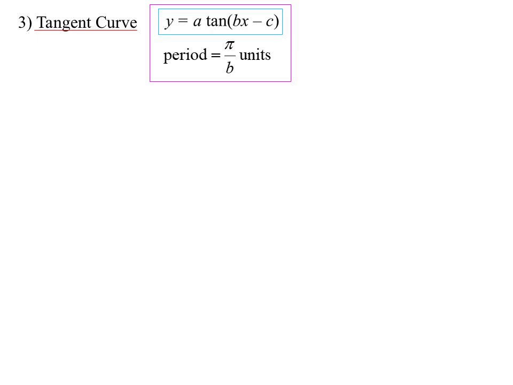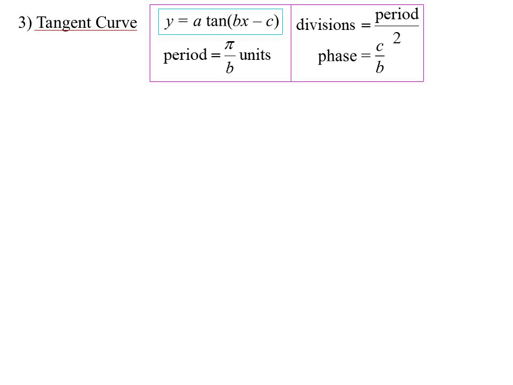It doesn't really have an amplitude. The divisions, this time I'm only going to mark off period divided by 2, because there's really only 2 key spots that we're going to plot. So I'll mark off the period divided by 2 for a tan curve. The phase is still the same. Okay. Oh, it's an odd function. So tan of -x is equal to the -tan of x.